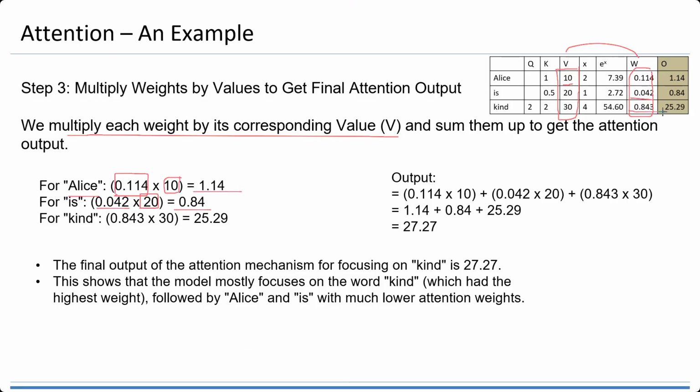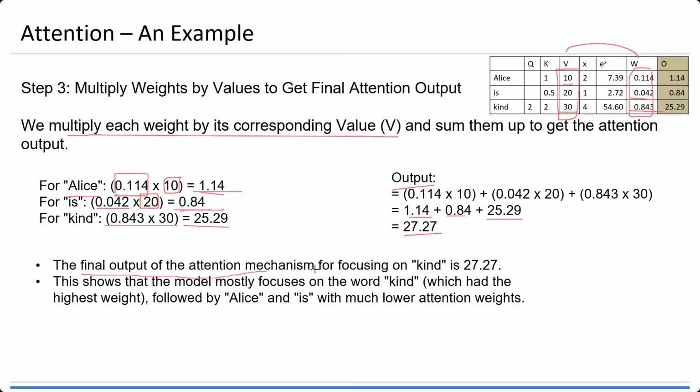For the last one, kind, we take this weight and this value, and we get this one. Overall, you can take the summation of the output. The summation will be 1.14 plus 0.84 plus 25.29.